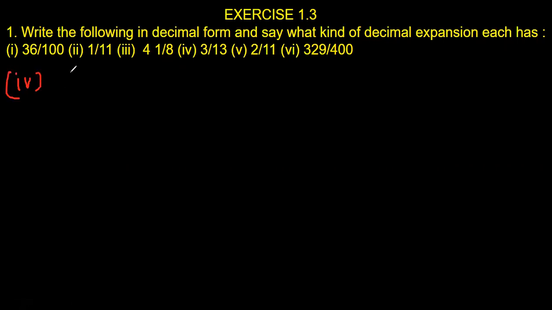3 divided by 13. We will normally divide 3 by 13 and let's see what we get. So 3 here, not divisible, 0 times, and then we can add a 0 after placing the decimal there. So 1 0 and 13 2 26.